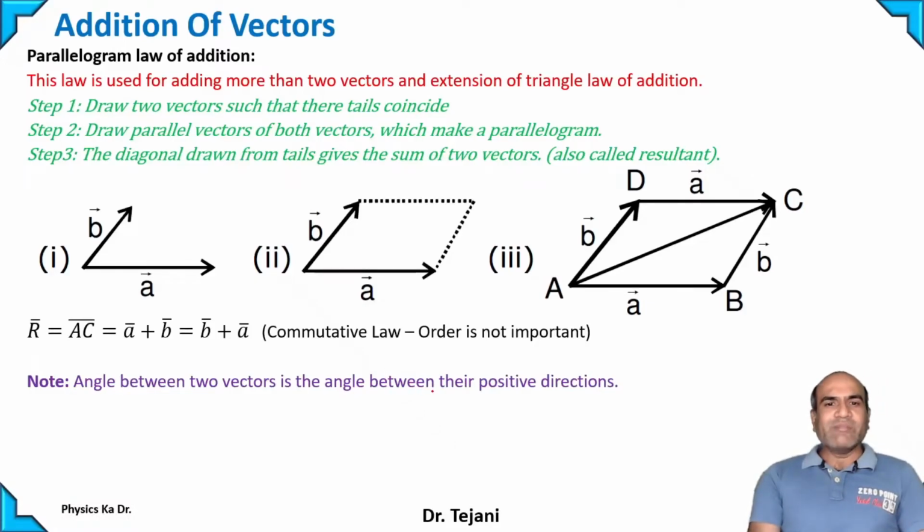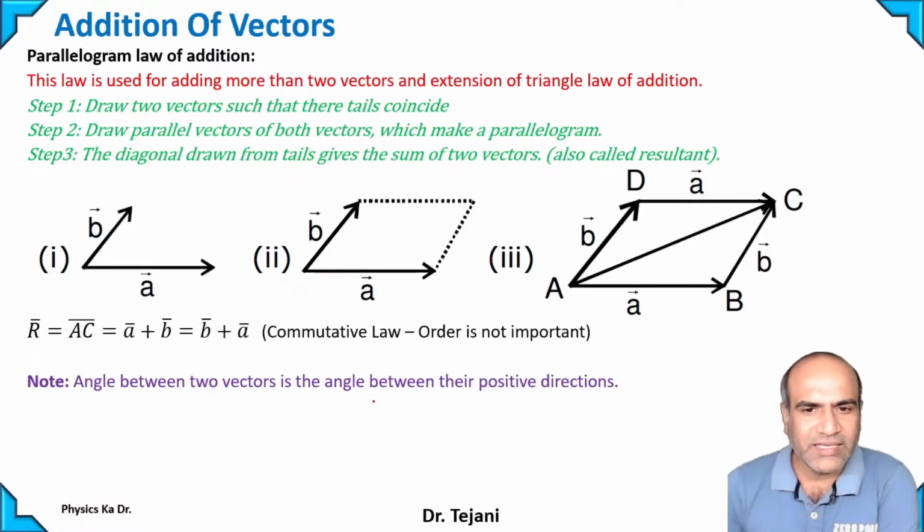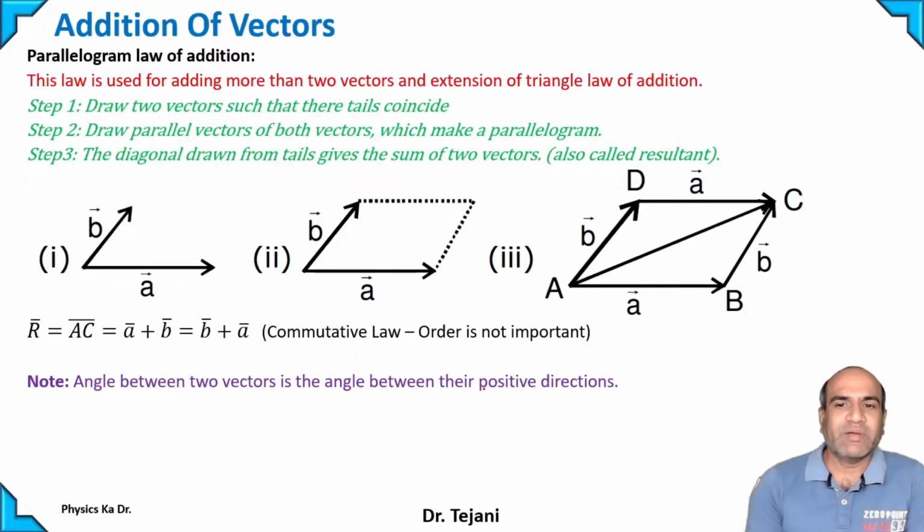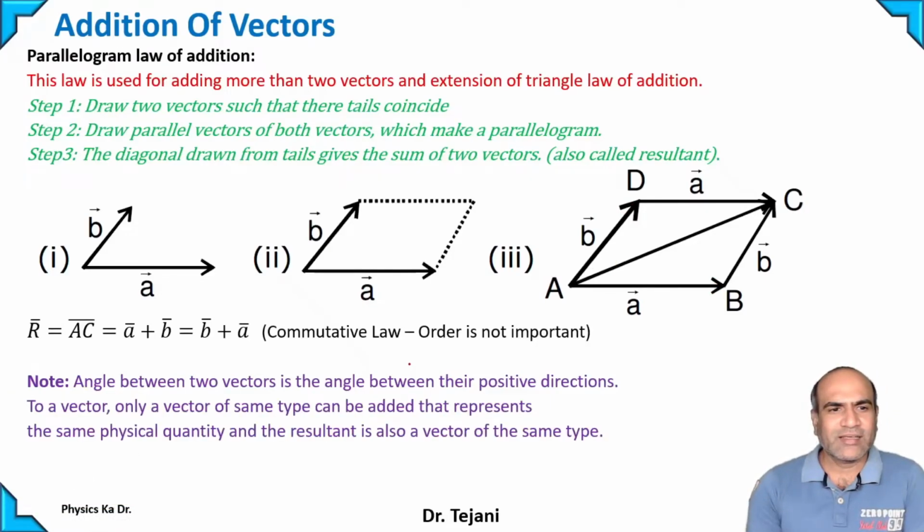Then the angle between two vectors is the angle between their positive directions. See, we need to take the positive direction. We cannot take a negative direction of A or B. That angle must be with the positive direction. And another statement: only vectors of a similar type can be added.